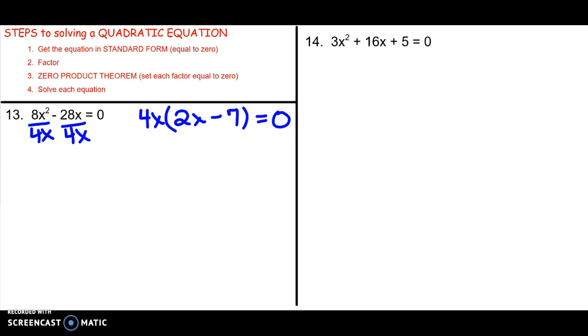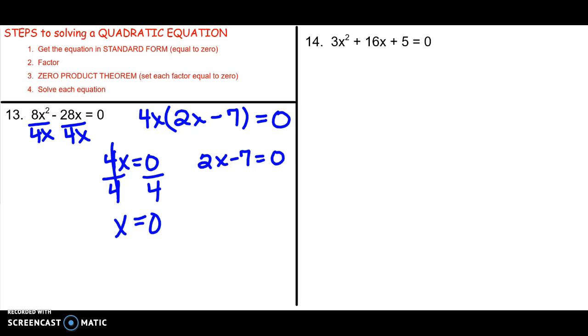Okay, now we factored it, so we're going to move on to step 3, which is the zero product theorem. We're going to set each of our factors equal to 0. So we have 4x equals 0, and we have 2x minus 7 equals 0. We're going to solve each of these equations. First one, we just divide by 4 on both sides, and we're left with x equals 0.